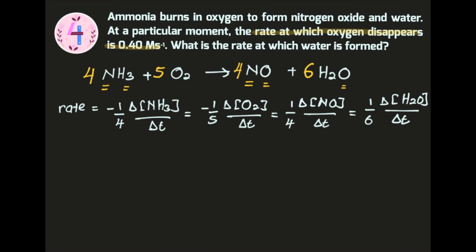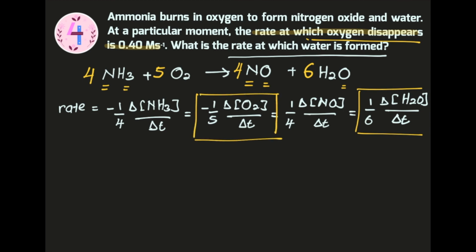Alright, so from here you need to look back at the question. The question asks which is the rate at which water is formed. So the important thing that we need to look at is this one, and the data given to you is oxygen disappearance, and this one. So the rest of the things we can just ignore for a while.